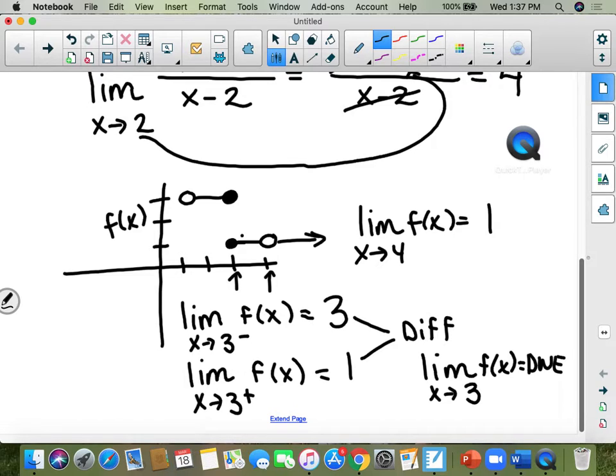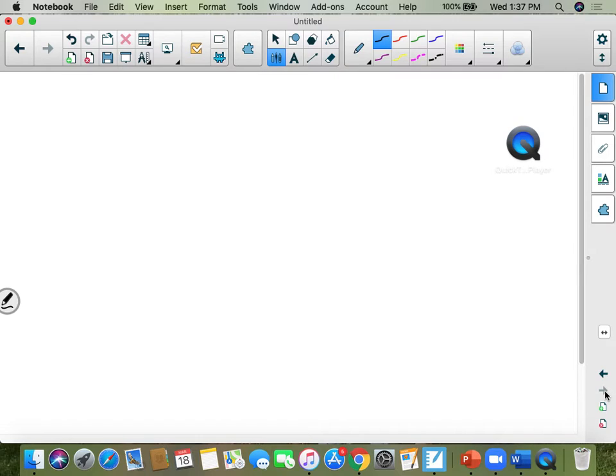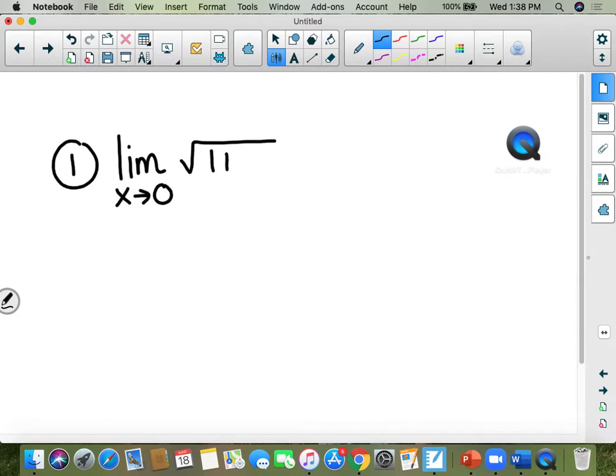Now, let's go into L'Hopital's rule. Here's L'Hopital's rule. Let's do this one. Number 1. The limit as x approaches 0 of the square root of 1 plus x minus 1 all over x.